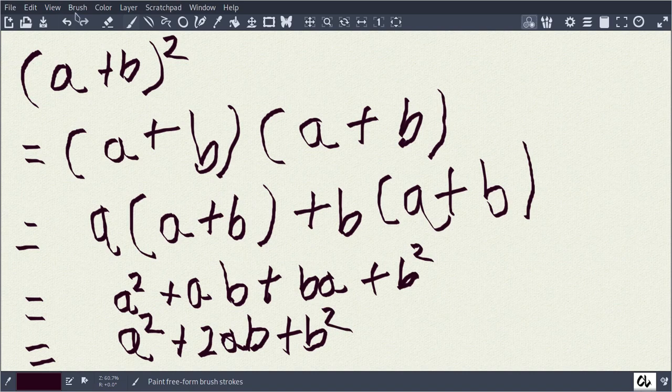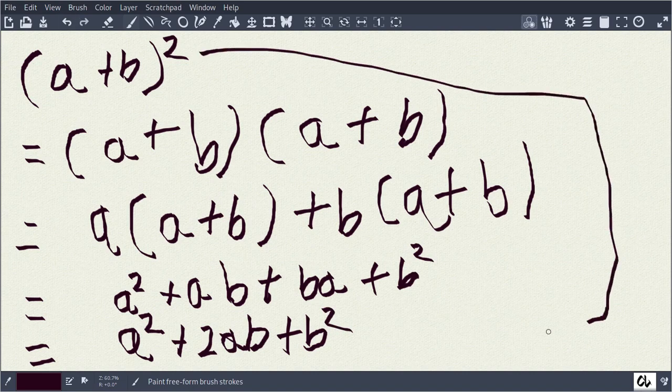So this is how we did it in our algebra class, and we basically proved this. But we want this to be generalized, basically.